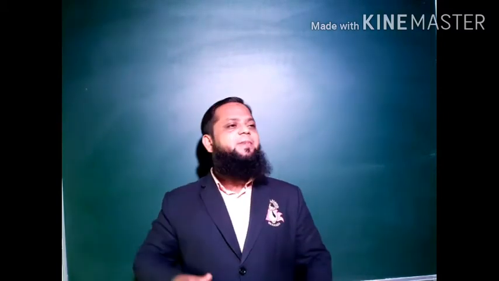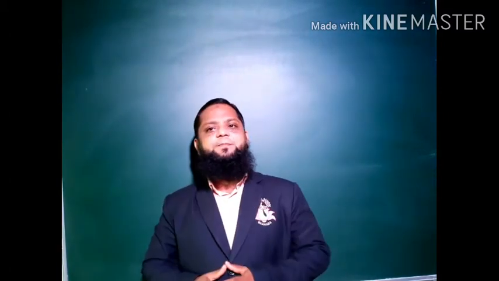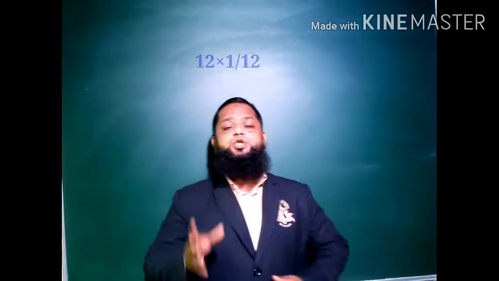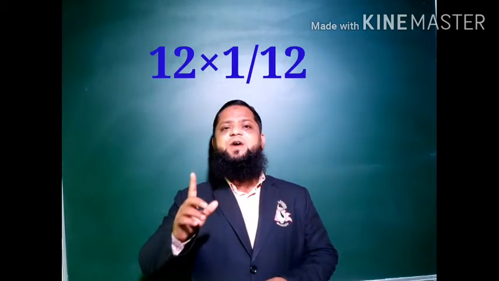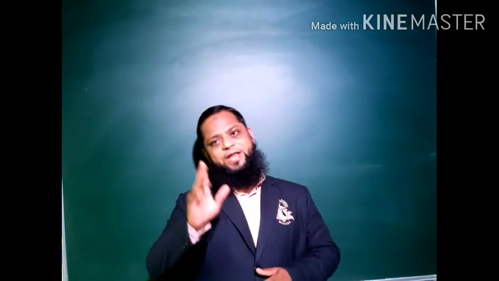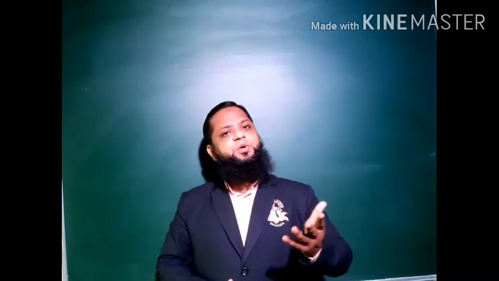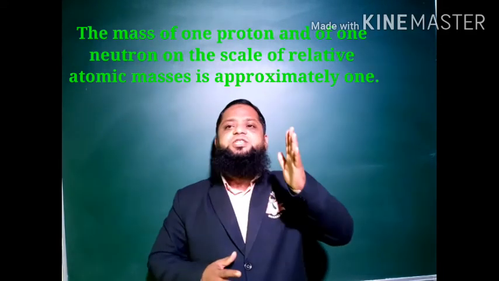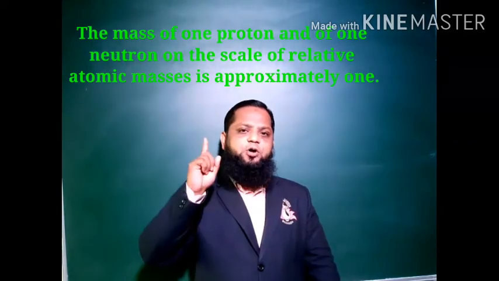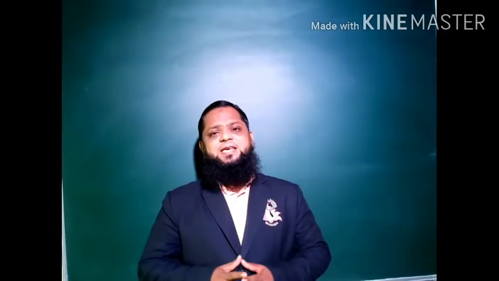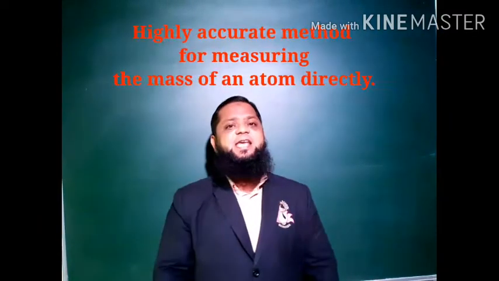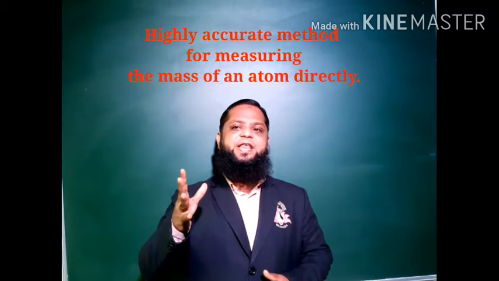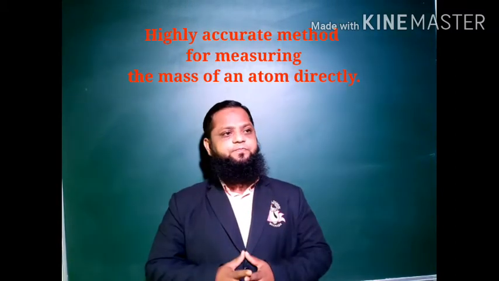The relative atomic mass of one hydrogen atom compared to the carbon atom becomes 12 into 1 divided by 12, that is 1. The mass of one proton and the mass of one neutron on the scale of relative atomic masses is approximately 1.